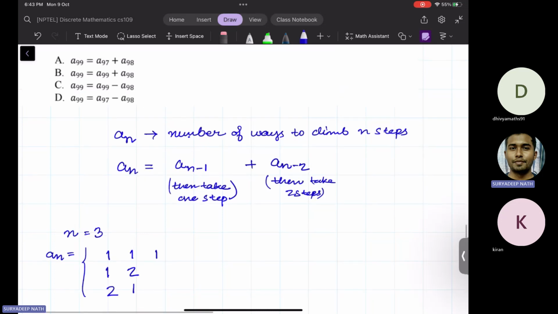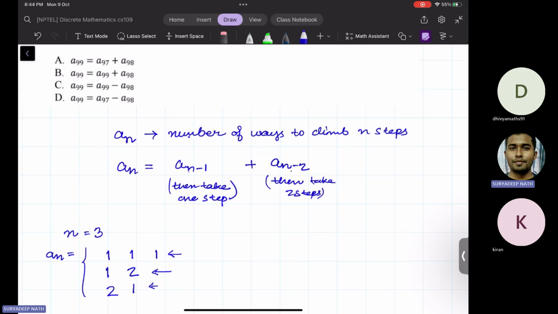So in case of n steps, we break the steps into n minus 1 and one more step. So an minus 1 is all the combinations in which you can reach n minus 1 steps, and then just one more step. For this an minus 1, you have certain combinations, and you then add a 1 at the end. That makes another combination.